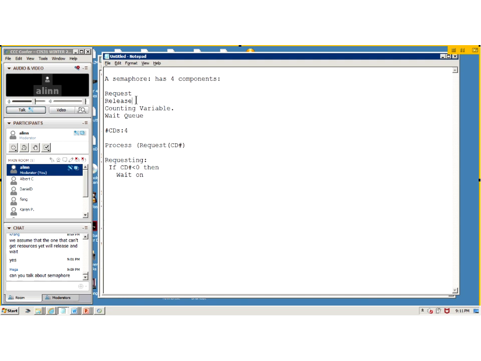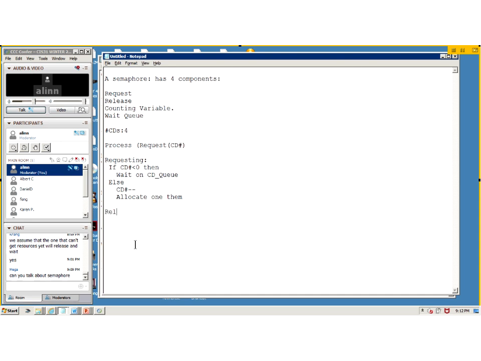So it's got a request concept, a release concept, a wait queue, and a counting variable. Else, decrement the number of CDs, and you would allocate one of them. Okay, that's the requesting semaphore.